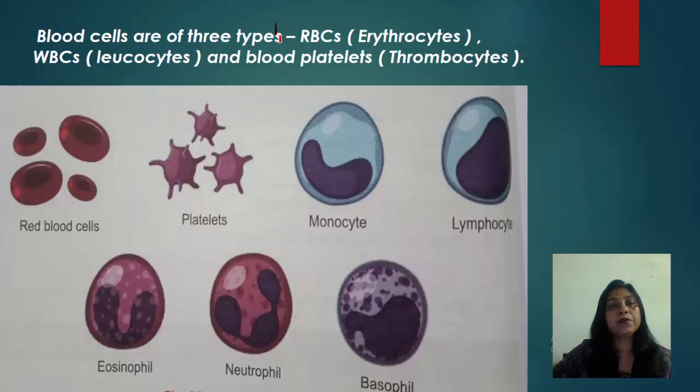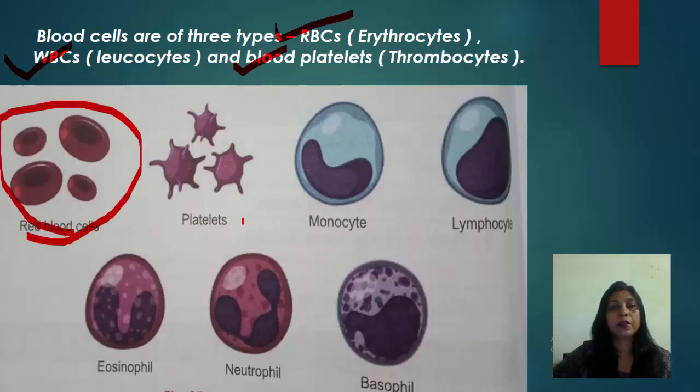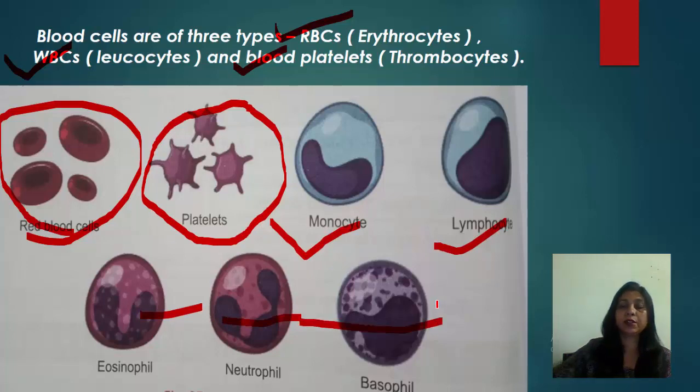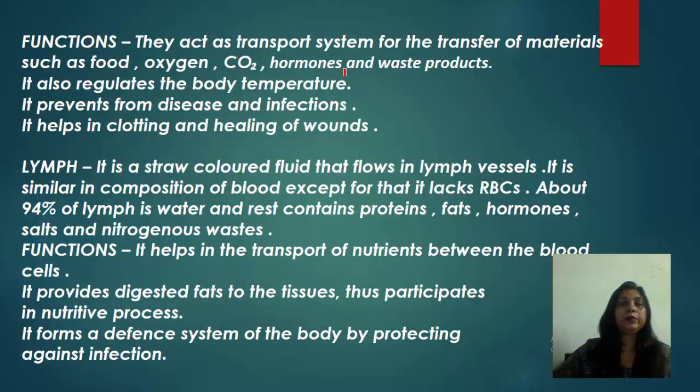Blood cells are of three types: RBCs, WBCs, and blood platelets. You can see RBC. These are RBC. These are the platelets, and all these they constitutes the WBC. These are the cells which are present in the WBC.